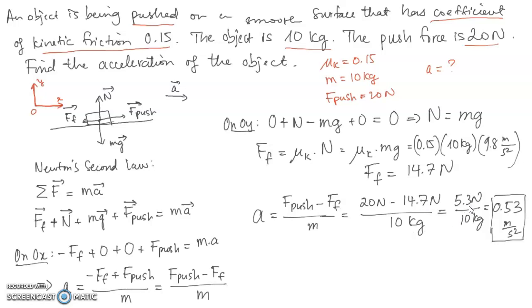So we would have 5.3 divided by 10, and that would be 0.53 meters per second squared. That would be the answer for this question.